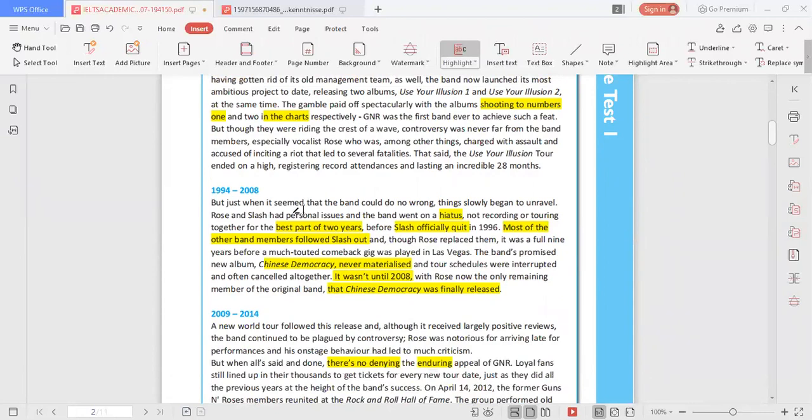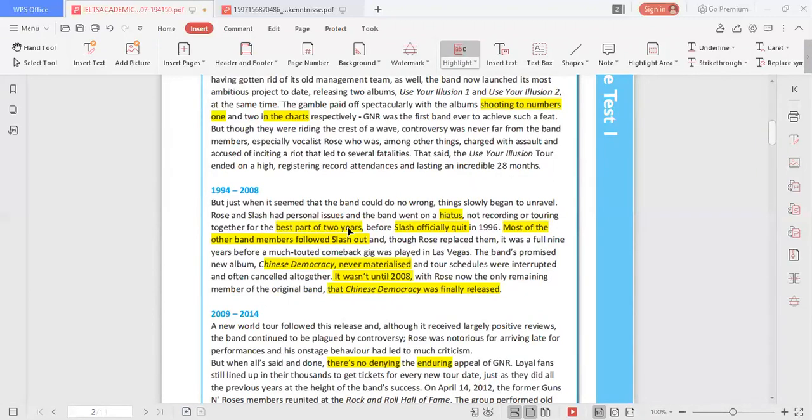So I kept on reading until I got here. From 1994 to 2008, there was actually the word hiatus. A hiatus, if you know this word, most people don't know this word, or most foreign learners of English don't know this word. It means a long break. Still, if you don't know what this word means, it says the band went on a hiatus, not recording or touring together for the best part of 2 years.